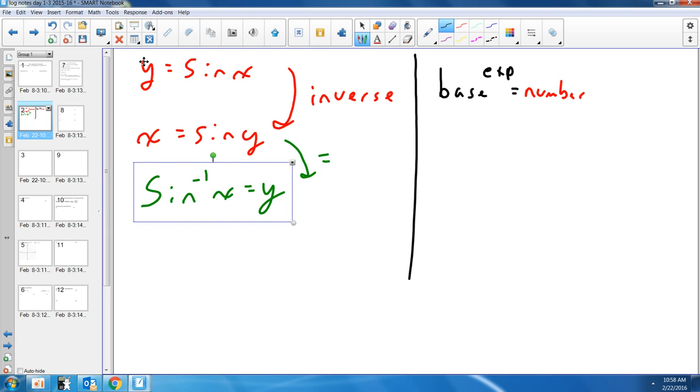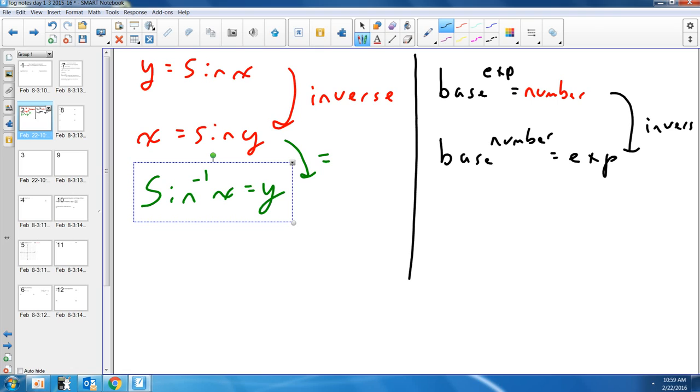So when I switch them around, you're going to have the base of a number is equal to an exponent. I'm just putting these in terms of words instead of numbers, and we'll do number examples later. But I'm switching the two variables, assuming the base is the same number, right? And when I do that, this becomes the inverse.